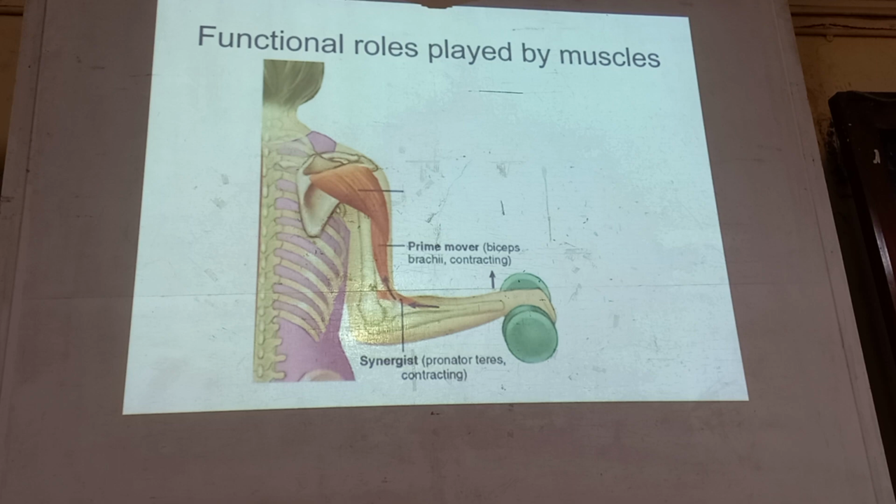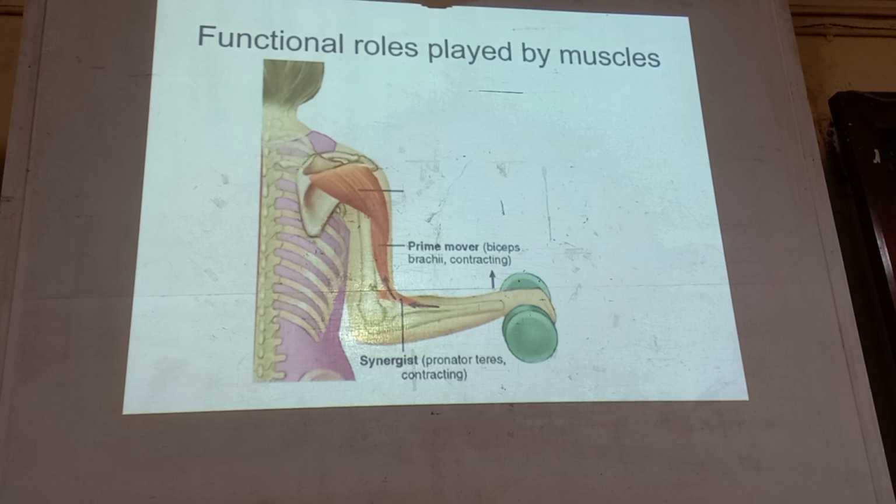Flexion of the elbow in prone position: agonist or prime mover is brachialis and biceps, and to cancel the supination action of biceps, you have a synergist called pronator teres. If you were to lift the dumbbell in supinated position, that's your desired action.